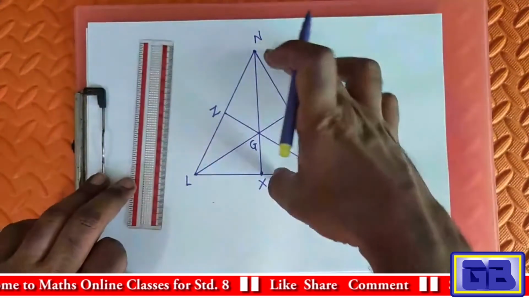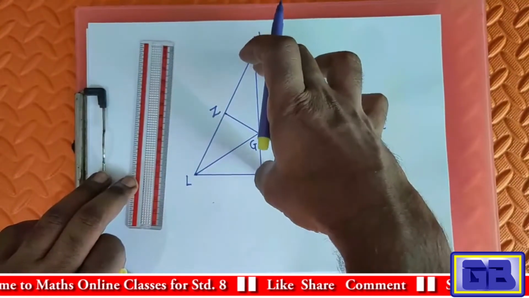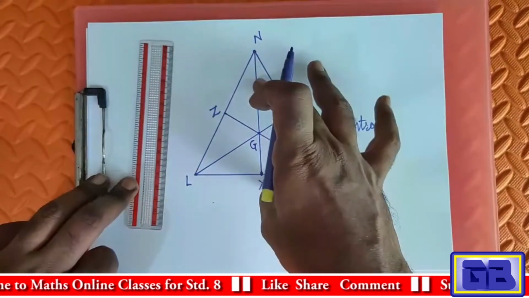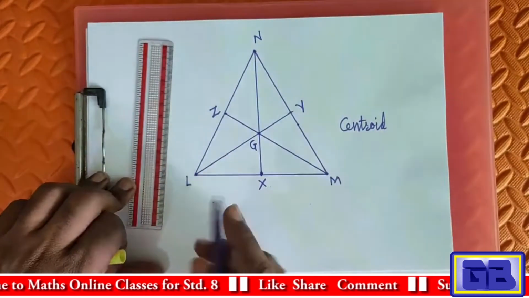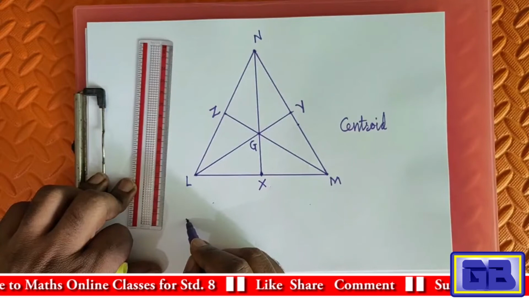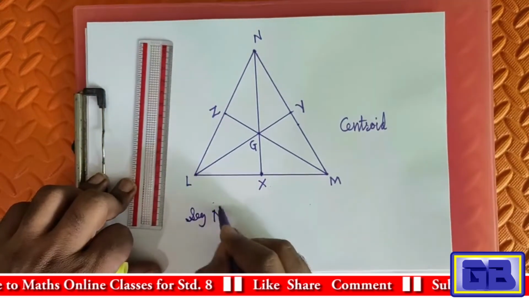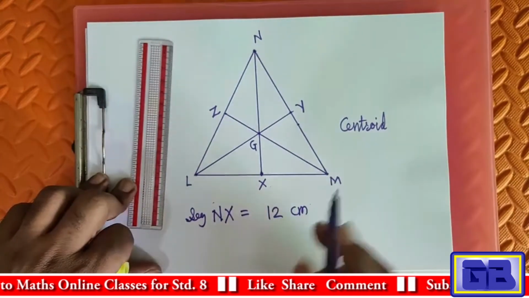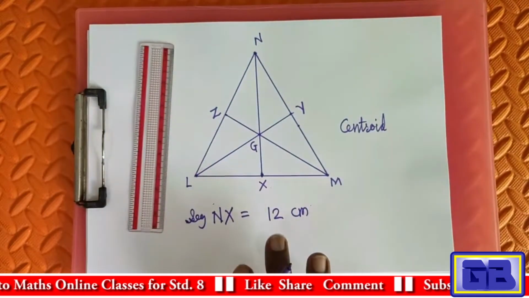Again, I'm telling you, these segments we are not taking exact, we are just taking numbers so that you will understand it properly. So segment NX equals, I will take 12 centimeter, and I will tell why I'm taking this 12 centimeter.